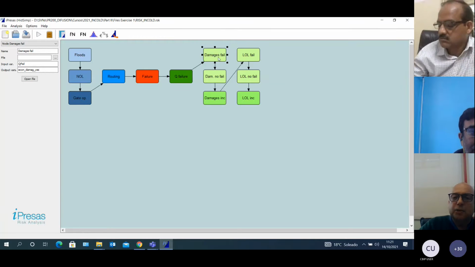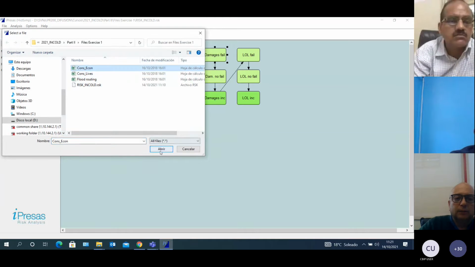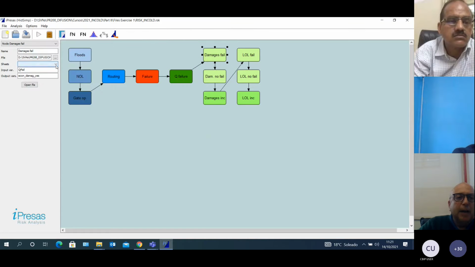So when it says damages, we click here and we have to select cons econ. Open and make sure you select econ fail as a seed. So in damages fail, it will go and select the data of economic losses under failure.